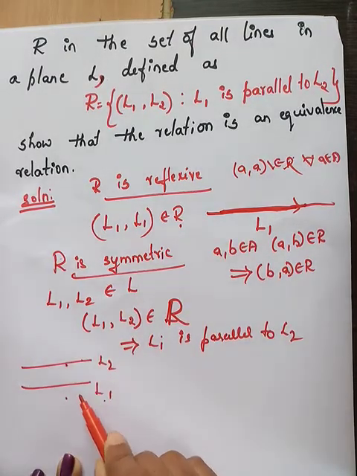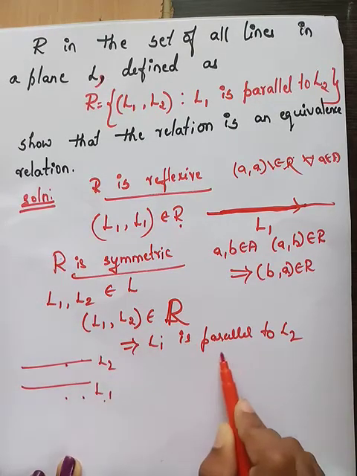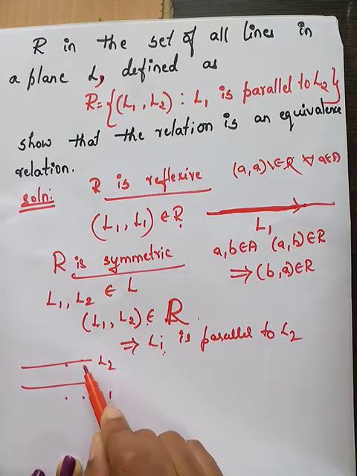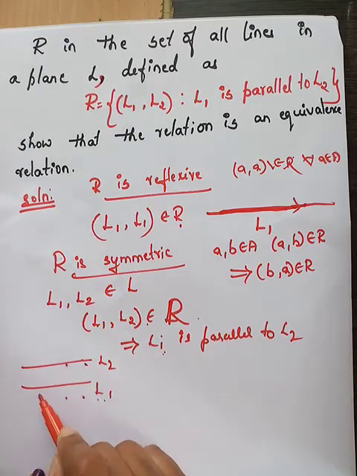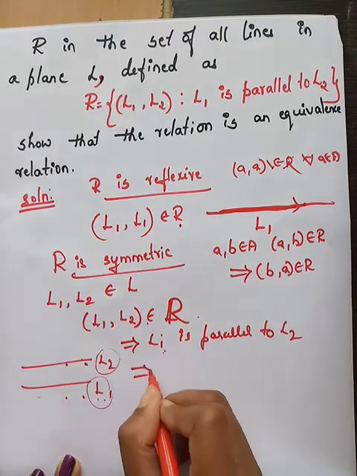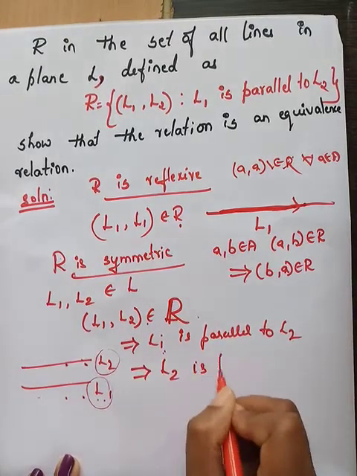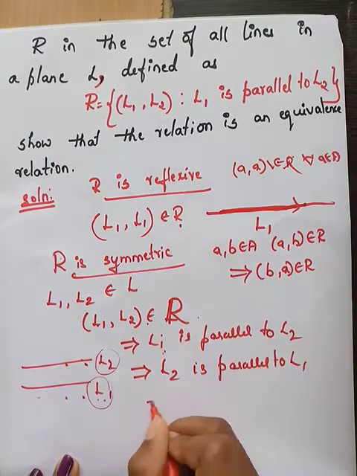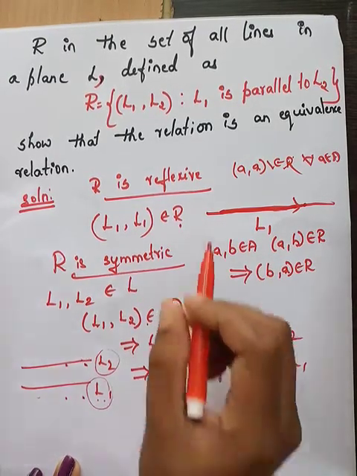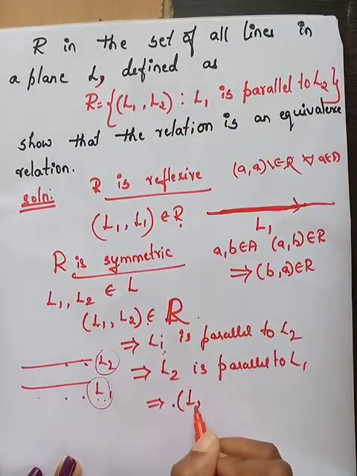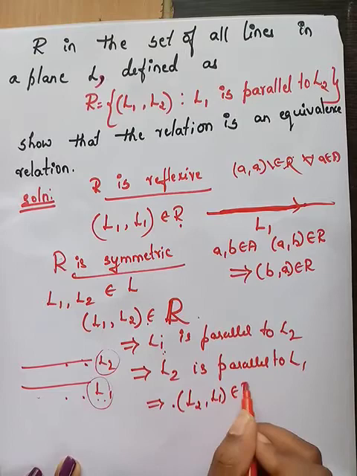Can I say that L2 is parallel to L1 also? From (L1, L2) belongs to R, I can conclude that L1 is parallel to L2. What about the reverse? Yes, L2 is also parallel to L1. By our definition, L2 is parallel to L1 means (L2, L1) belongs to our relation.